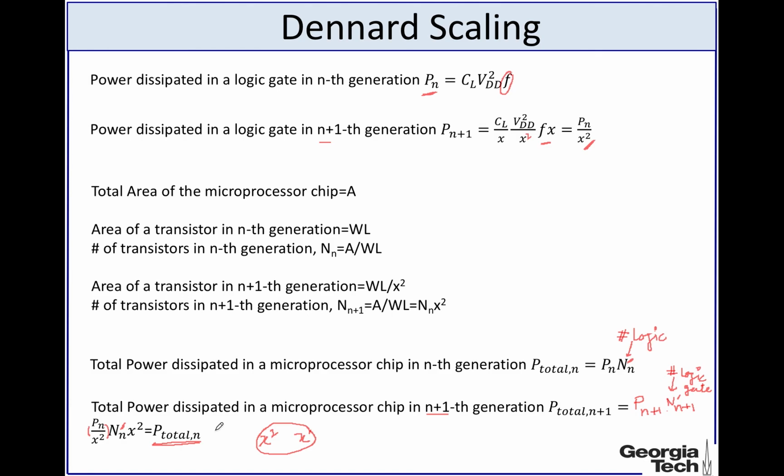So by scaling down the devices, you have reduced the power dissipated in individual logic gates, and also you have made the devices faster, and as a result, after all of these things, the total amount of power dissipated in a microprocessor chip of the same area A remains the same.